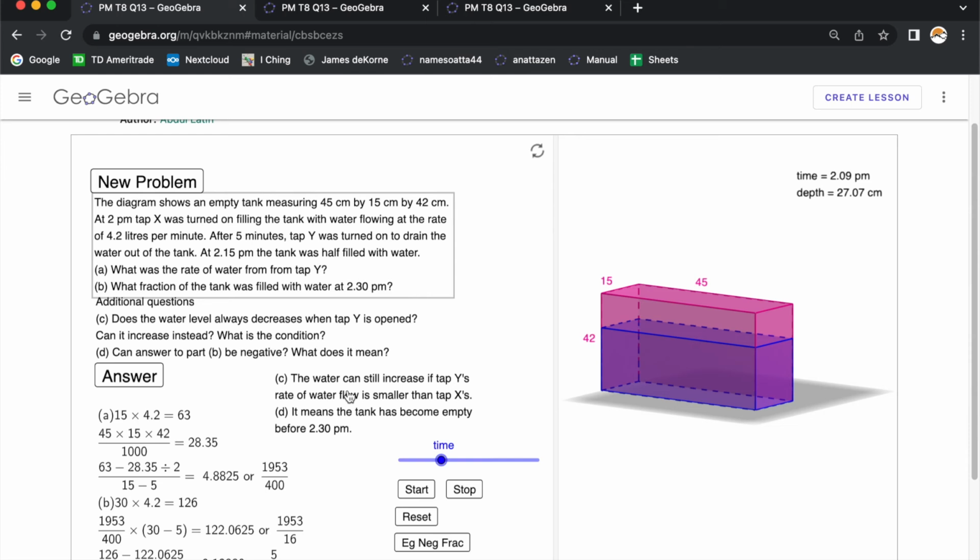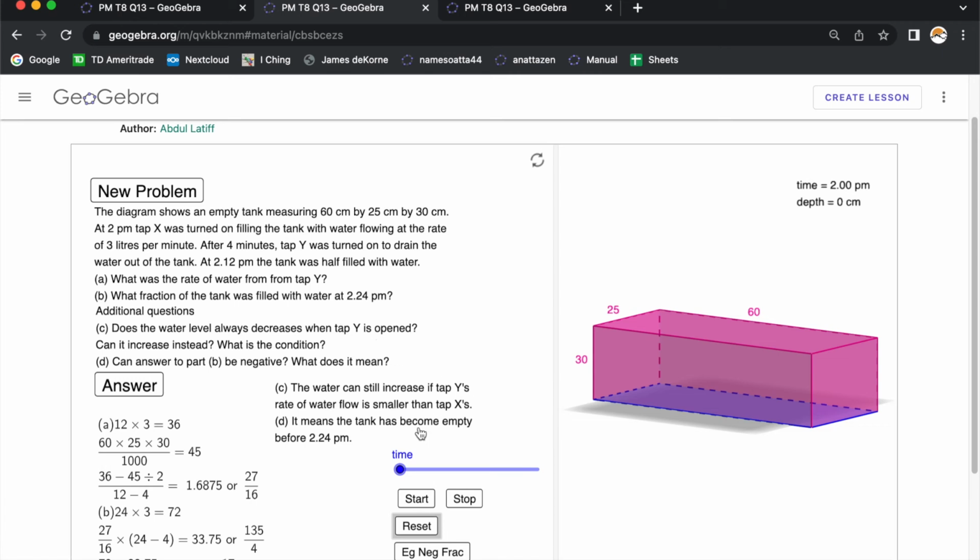Right, but then let's take a look at another example. Okay, this one is a bit different. All the numbers are different, but take a look at the answer for part A. Right, in this particular case, the rate for tap X is 3 liters per minute, but for tap Y it is 1.6875, which is lower.